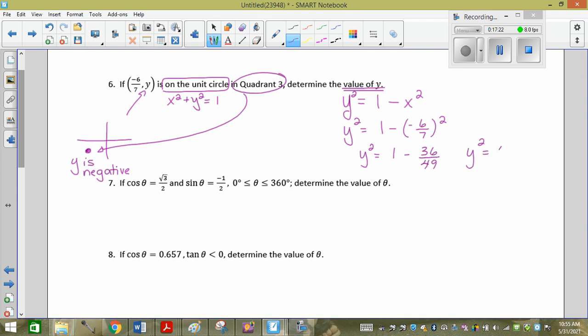Your calculator could be doing this for you. So I get y squared equals 13 over 49. And then I square root, plus or minus. Because it's in quadrant 3, I know it's minus. What did I tell you to do with the square roots when one of them is a perfect square? Do them differently. Split it up. So I'm going to get square root 13 over square root 49, which is 7.